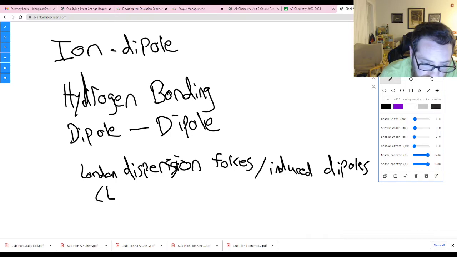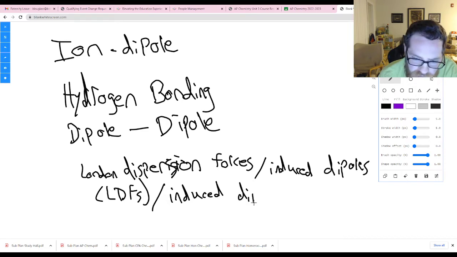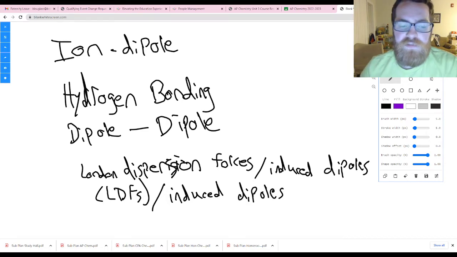So we also call these LDFs. You might see LDFs or induced dipoles. Those both mean the same thing.